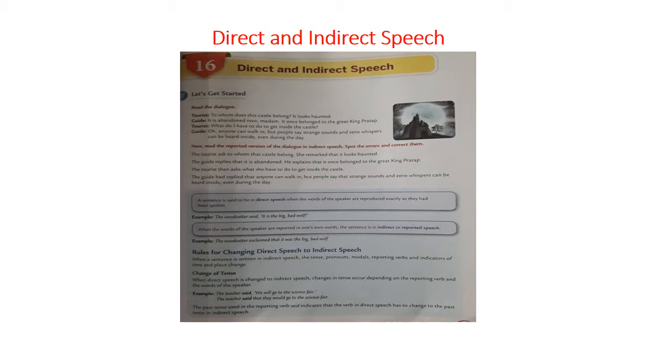Now, let us look at the rules for changing direct speech into indirect speech. When a sentence is written in indirect speech, the tense, pronouns, modals, reporting verbs and indicators of time and place change.